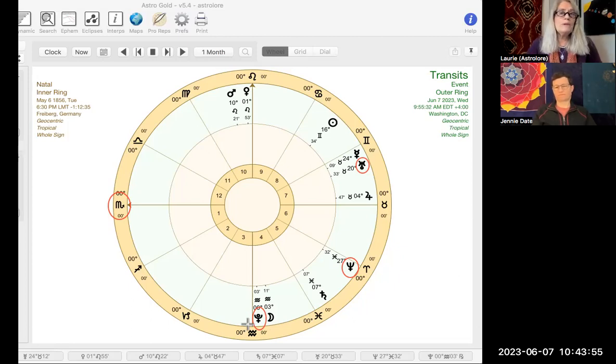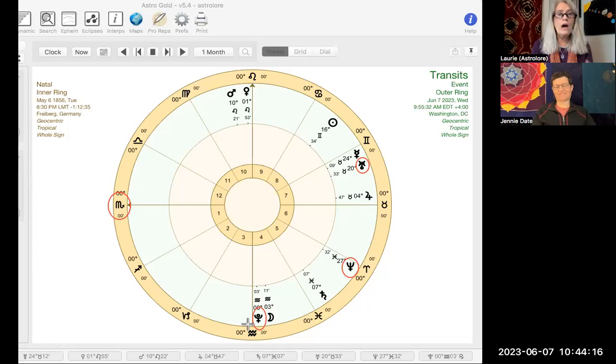And Pluto's a fascinating planet, and it moves so slow. Like I said earlier, it's like a 248-year cycle, I think. So none of us are going to live long enough to see a full cycle of Pluto, clearly, unless longevity changes rapidly.